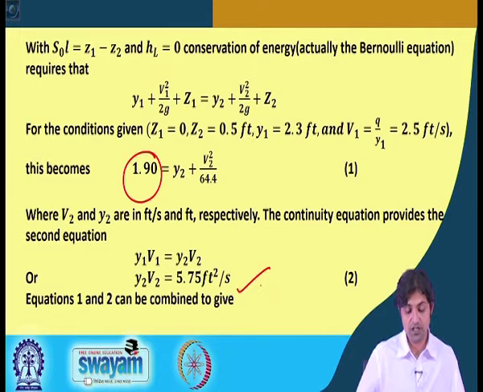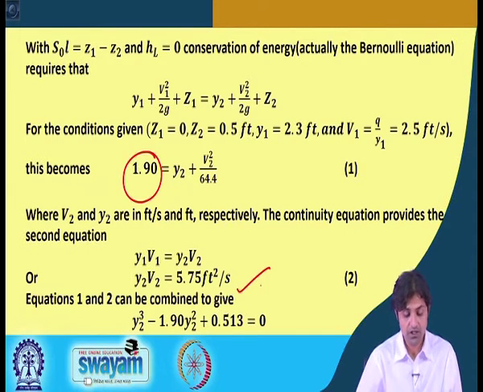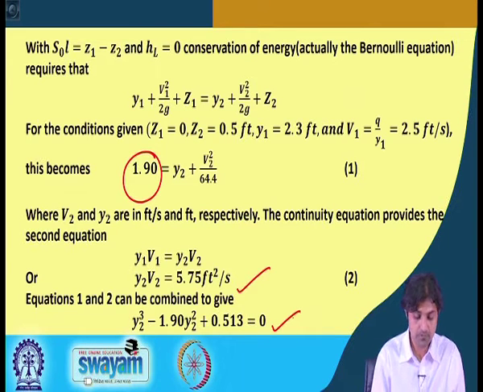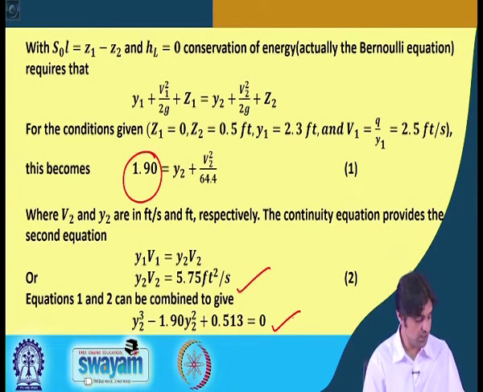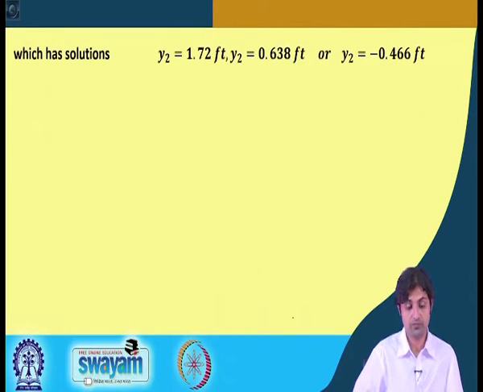Now, equations 1 and 2 can be combined to give a cubic equation. In terms of y2, we can write y2 whole cube minus 1.90 y2 square plus 0.513 is equal to 0.